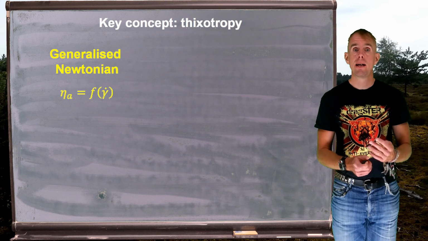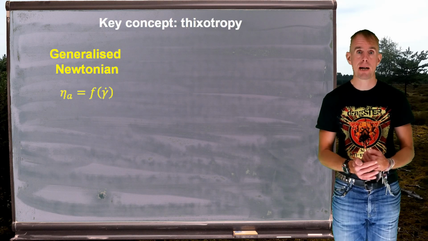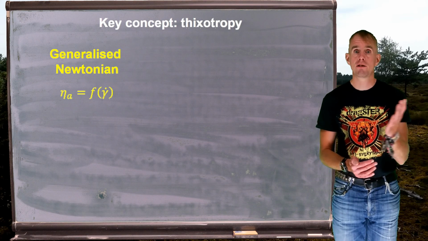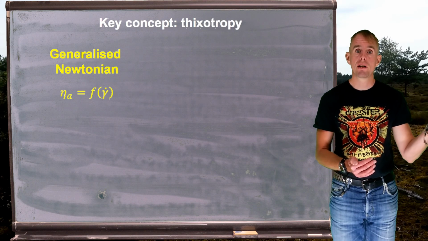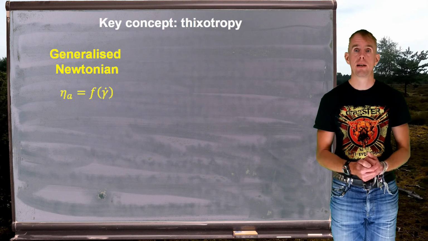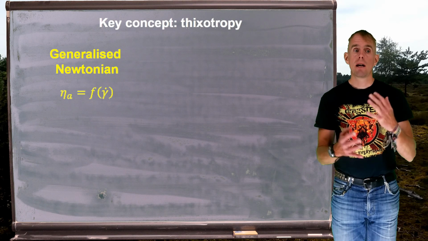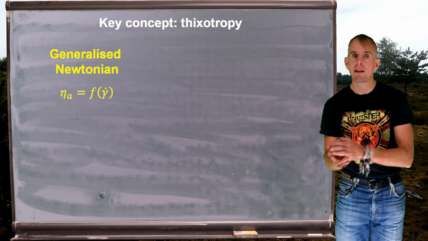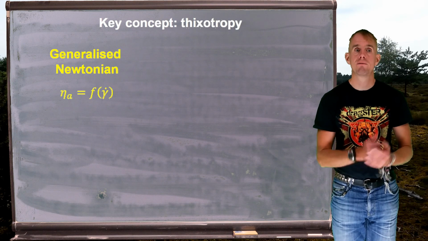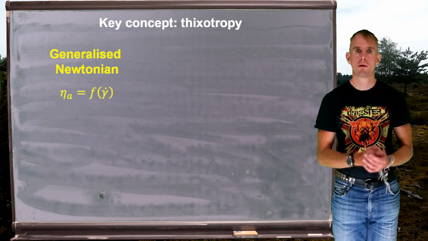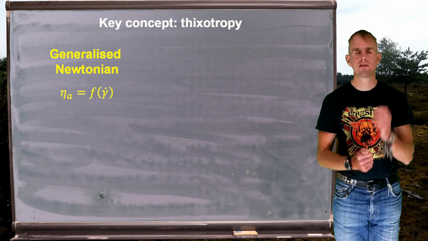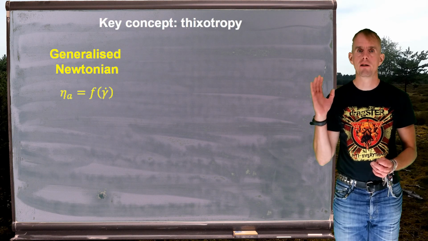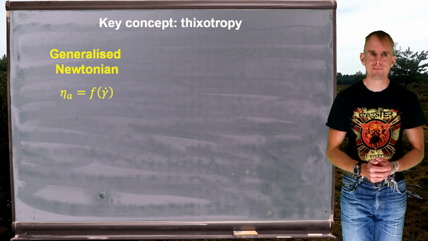For example, if we have a shear thinning material, perhaps described by a Carreau-Yasuda model, as we increase the shear rate, we will see an immediate response in the viscosity. If we instantaneously decrease the shear rate, we will instantaneously see an increase in viscosity. So the important word here is instantaneous. There are no kinetics within these generalised Newtonian descriptions.